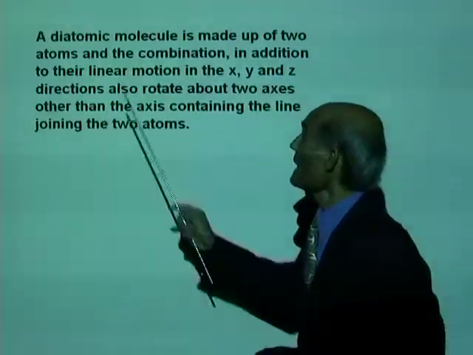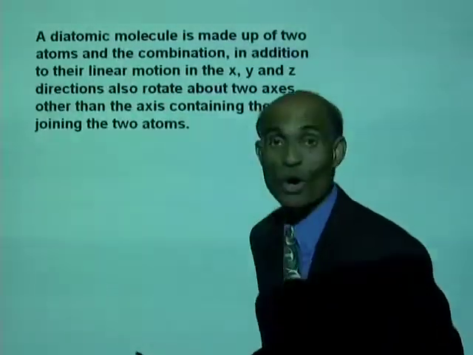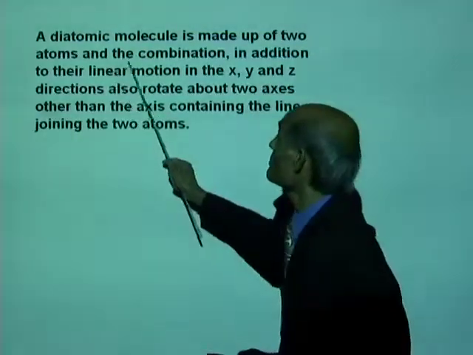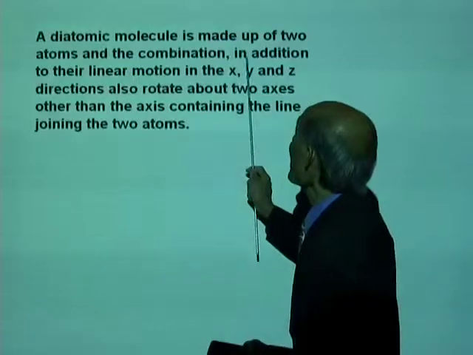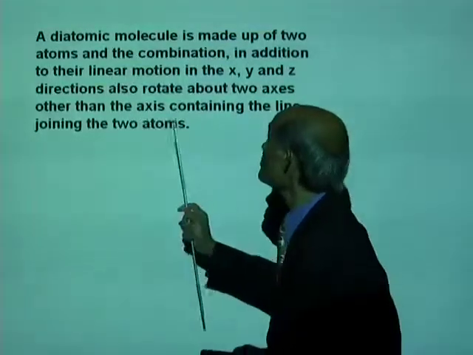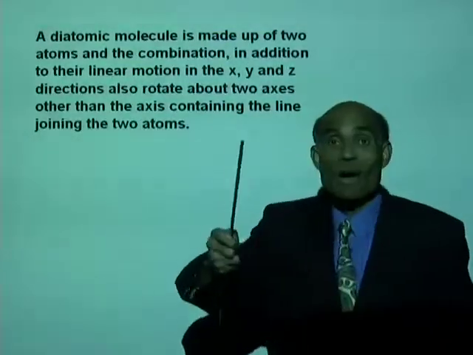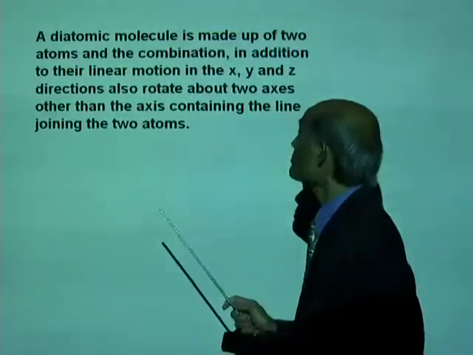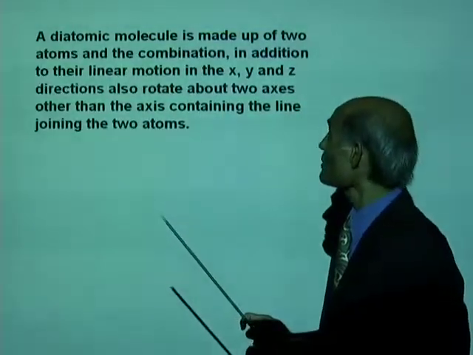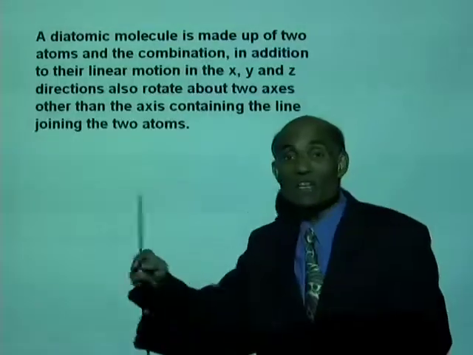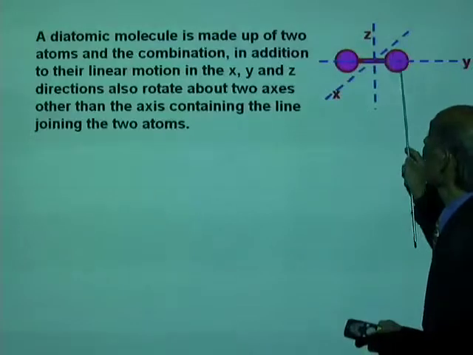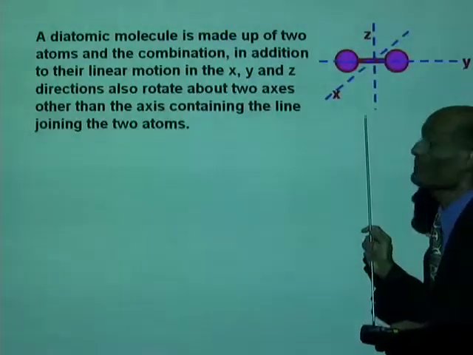All right. A diatomic molecule, on the other hand, is made up of two atoms, and the combination, in addition to their X, Y, and Z motion, can rotate about two axes other than the axis containing the line joining the two atoms. Now, here is a diatomic molecule.